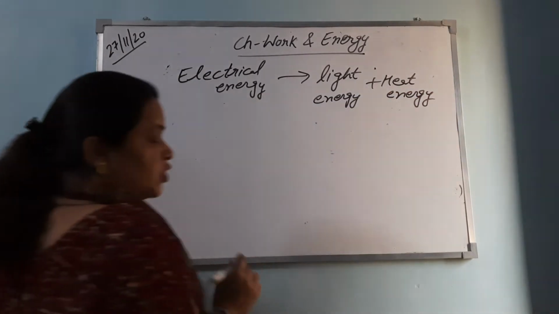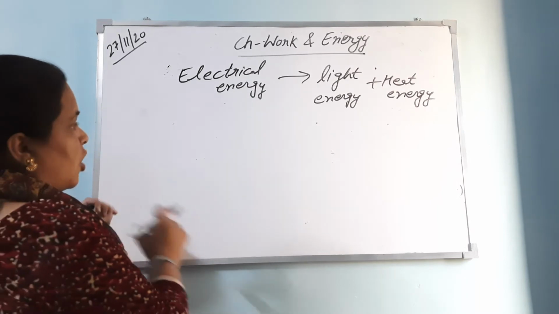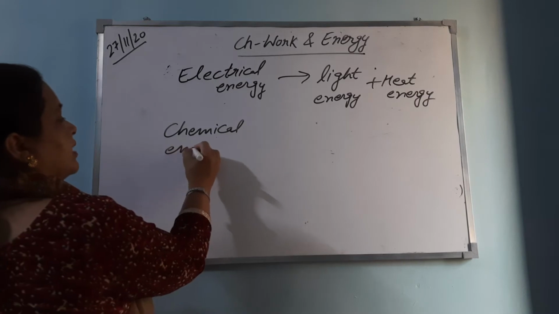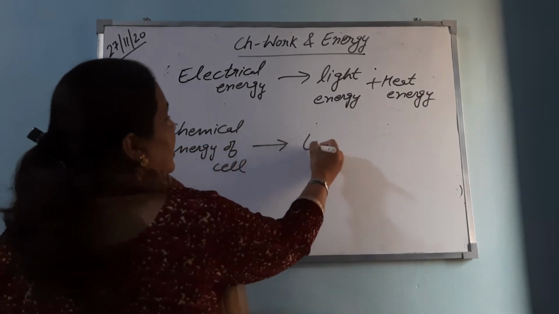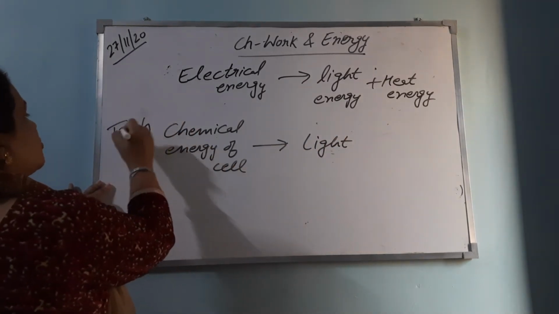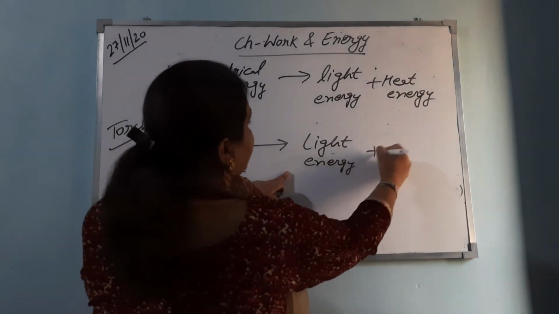When you put a torch cell inside a torch and switch it on, the chemical energy of the cell gets converted into light plus heat energy.